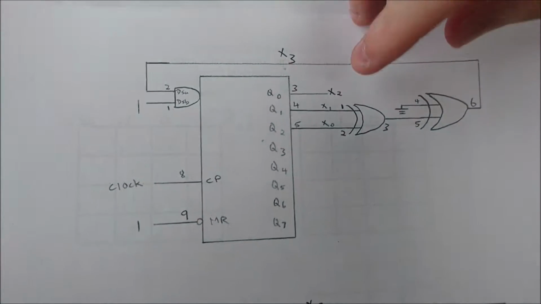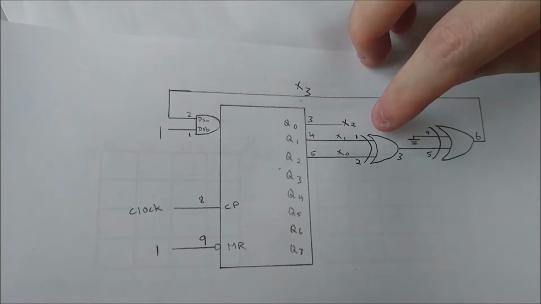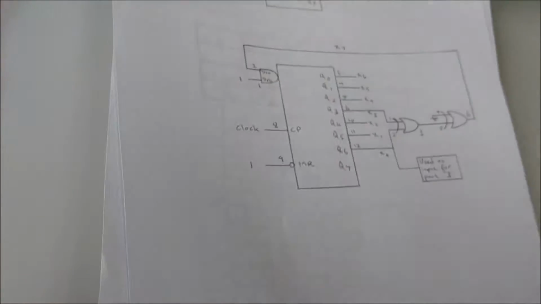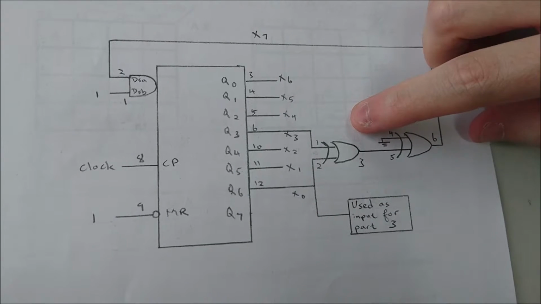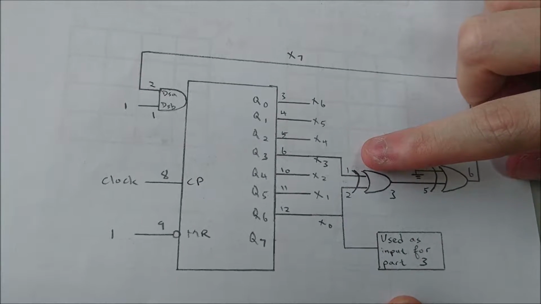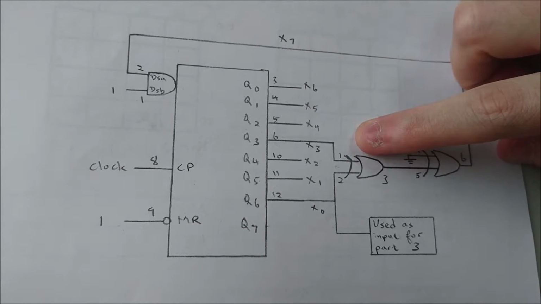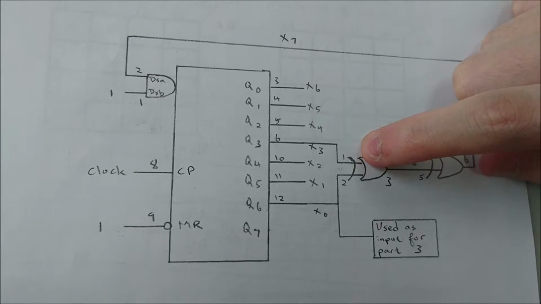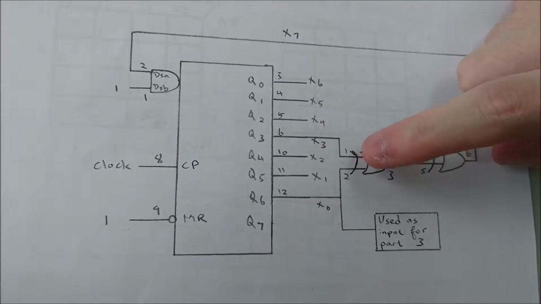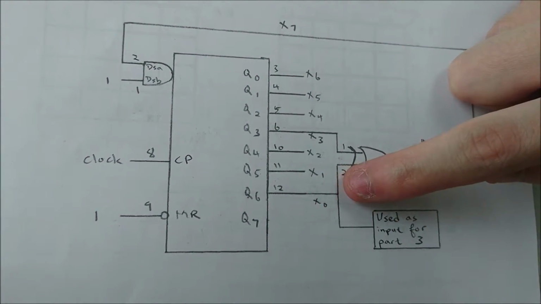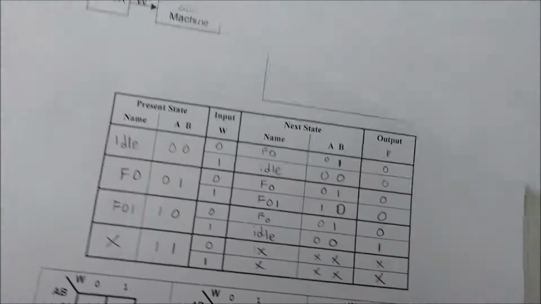This was our previous schematic where 4 and 5 are connected to the XOR gate, but now to make it 7, previously the 1 from the XOR gate, we move it to x3, and then the second one, we move it to x0 to fulfill this equation.